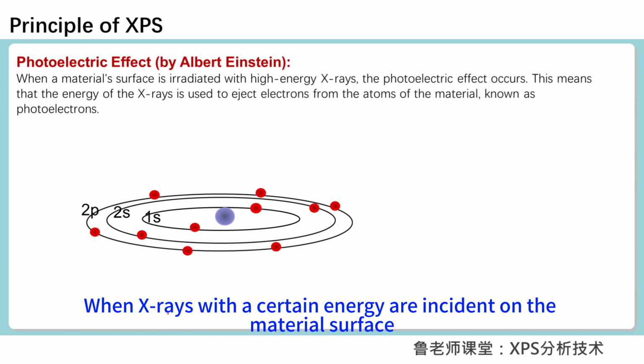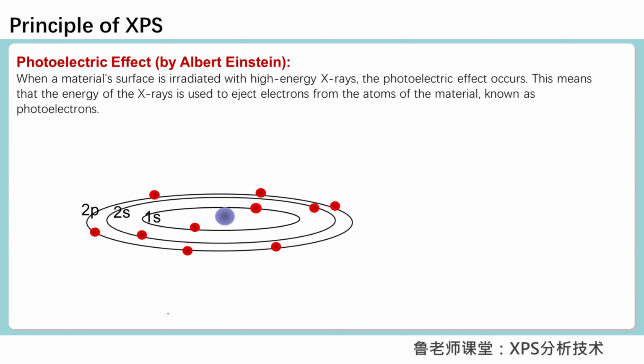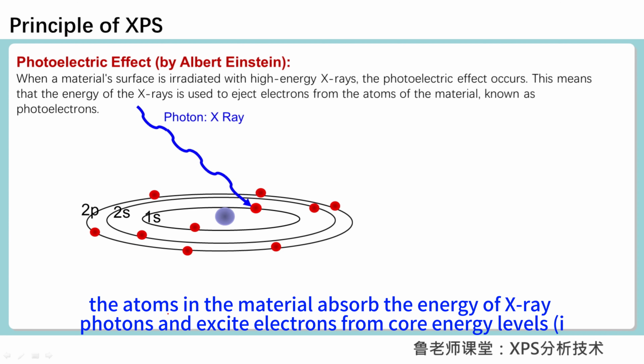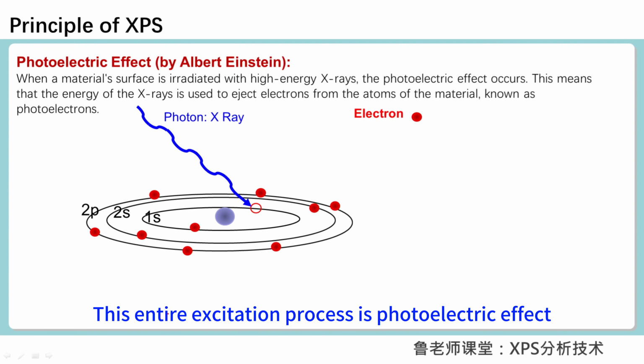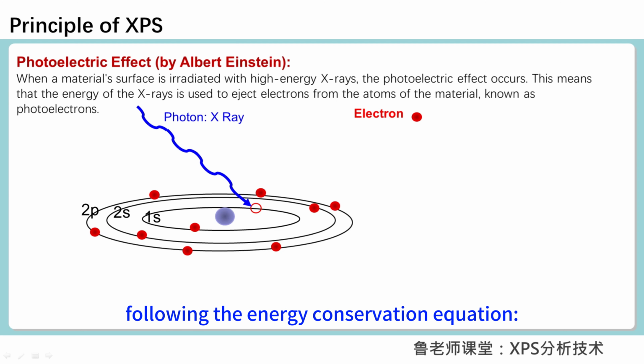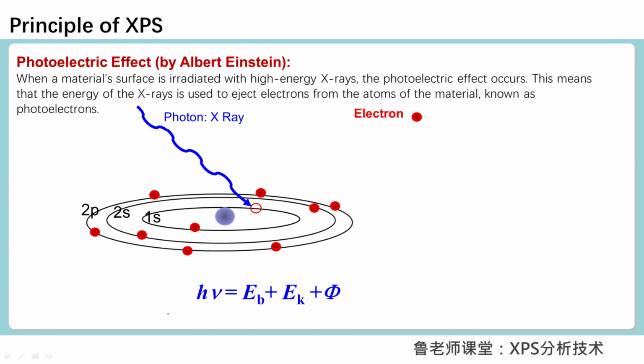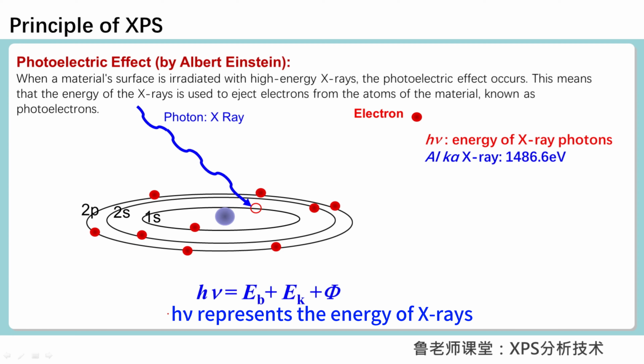An X-ray with a certain energy is incident on the material surface. The atoms of the material absorb the energy of the X-ray and excite electrons from the core level. This entire excitation process is the photoelectric effect, following the energy equation, where hν represents the energy of the X-ray.